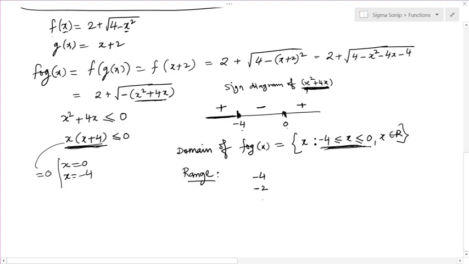We'll substitute these values. When we put x equals -4, my fog x will become, looking at this expression here, if I put -4, this becomes 0, so fog x equals 2.